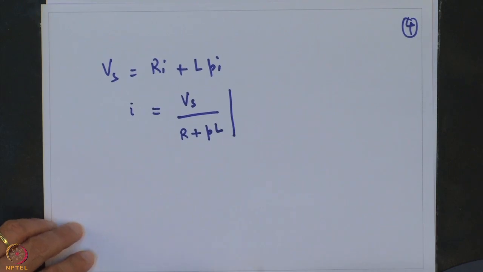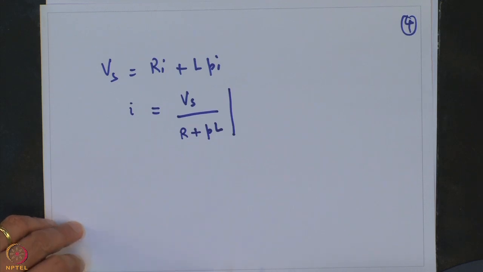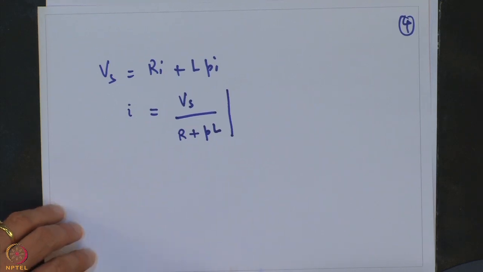So you can clearly see that the introduction of P, this operator, has really helped us in simplifying the differential equation, its solution, okay, as well as its representation. So it can be represented as an algebraic equation.